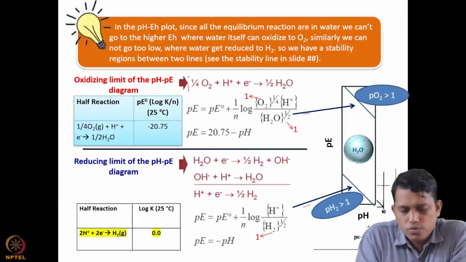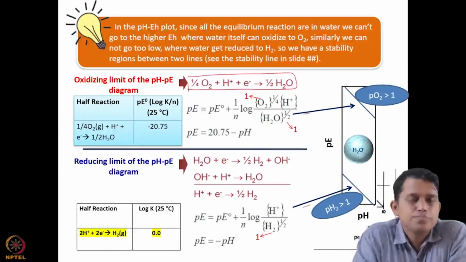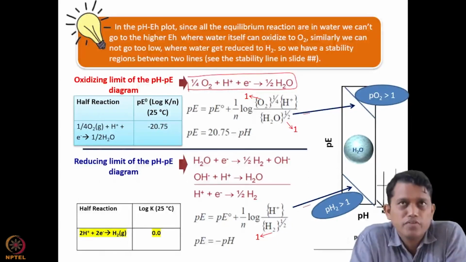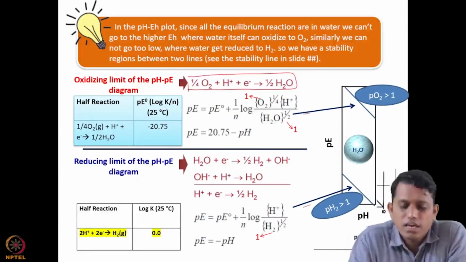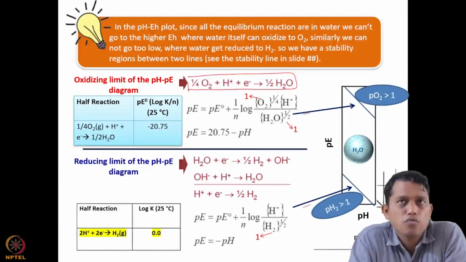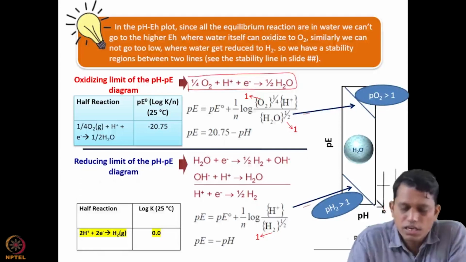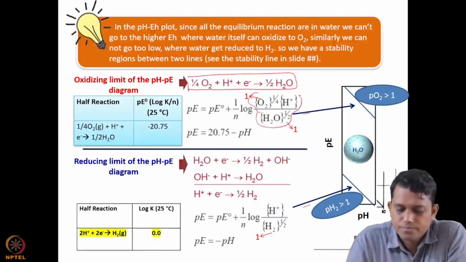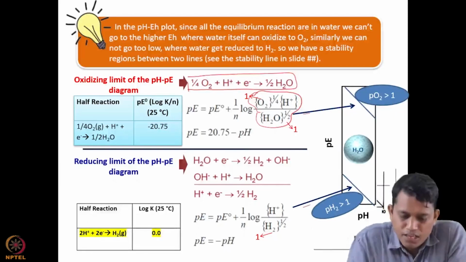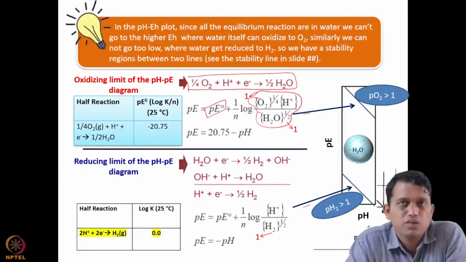So this is the equation, in the reduced form, that we have written for the oxidizing limit of this water media. And we know this equation, that pE is nothing but pE naught plus 1 upon n log of oxidized species upon reduced species. And from this equation, we can write all these components here. And the pE naught value, again, we can get from the table, that is 20.75.